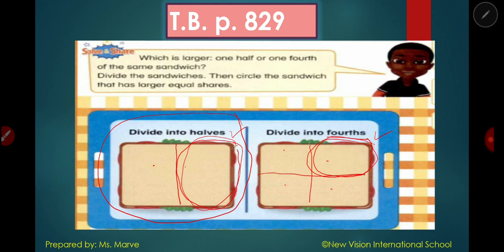Okay, very good. This page will serve you as an example on how you are going to do the next pages of our lesson. So here's the answer of our 829.